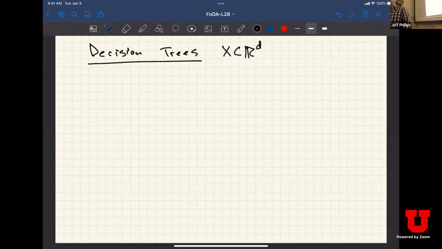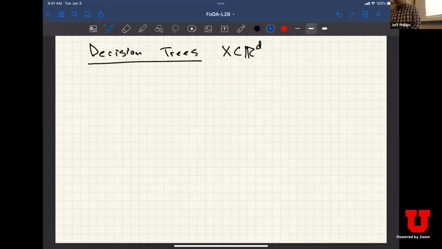It could be a subset. It could be categorical; actually, you can encode that in R^d in various ways. So this one will be flexible in other ways, different from the KNN classifiers.